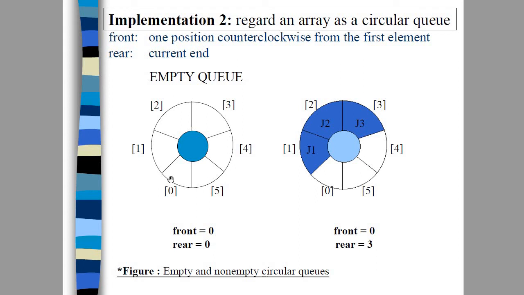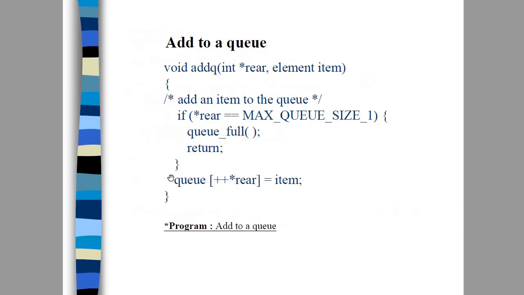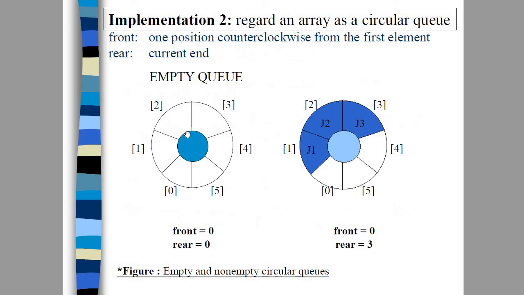The condition we are checking is whether rear is equal to the maximum queue size. That is the queueFull status we are checking. It won't work if the queue is empty, no elements are there in the queue, but rear has reached the last position in the queue.